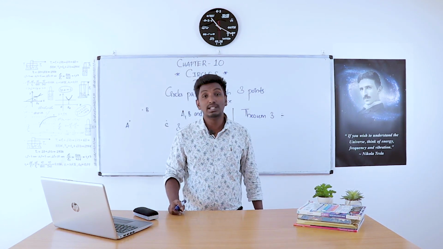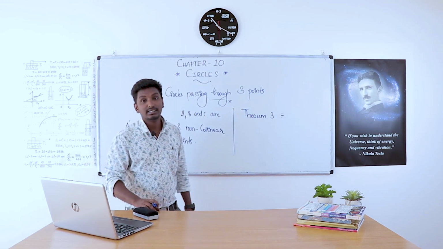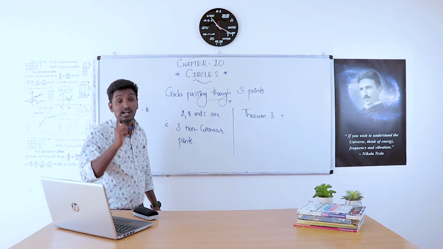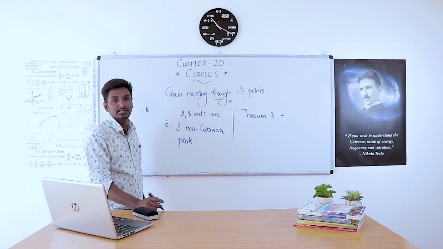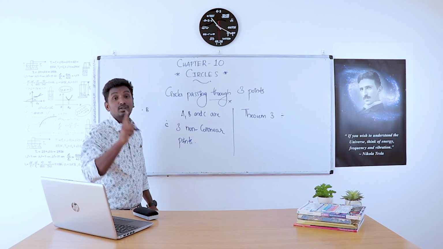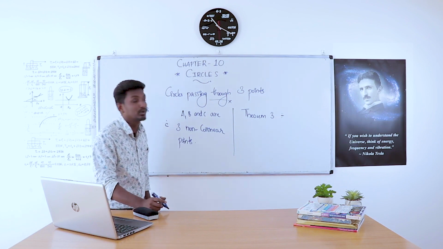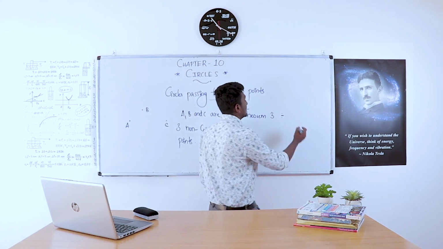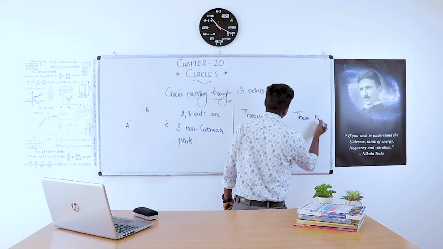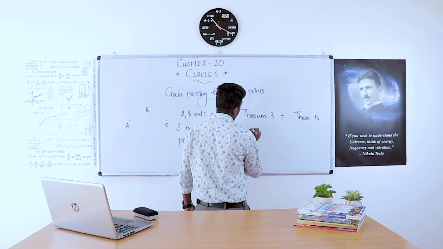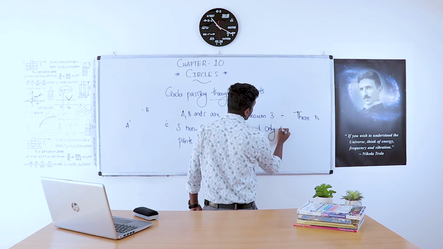That means in general we can say that there is one and only one circle passing through 3 non-collinear points. So this is theorem number 3: there is one and only one circle.